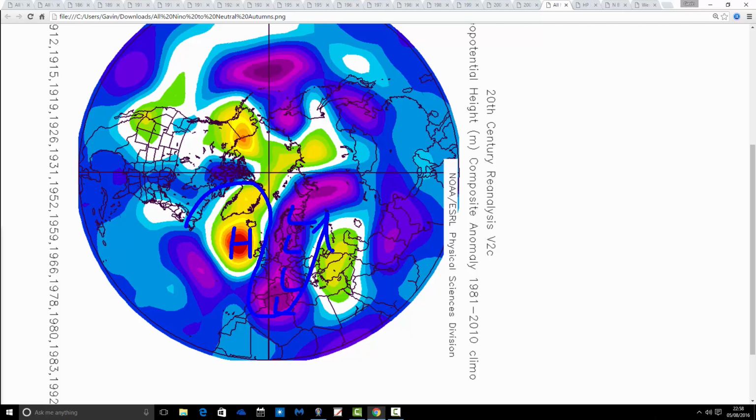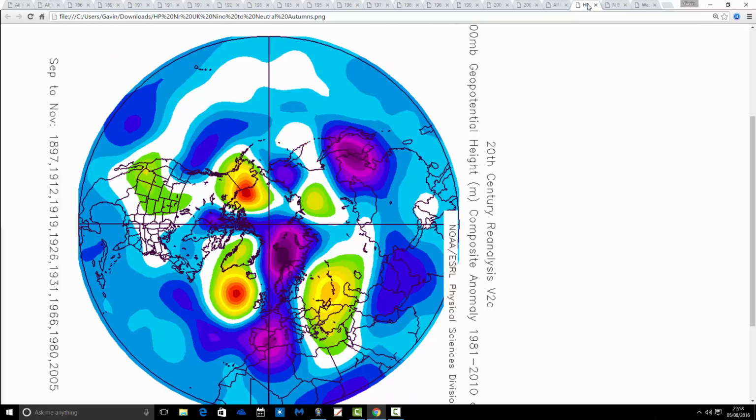Not a desperately cold signal, fairly dryish signal picked up west of us, wetter to the east. But we're seeing that there's so much inter-year variation here that it probably isn't fair, actually, to create this analogue taking all these autumns combined. It's probably been misleading you to leave you with that.